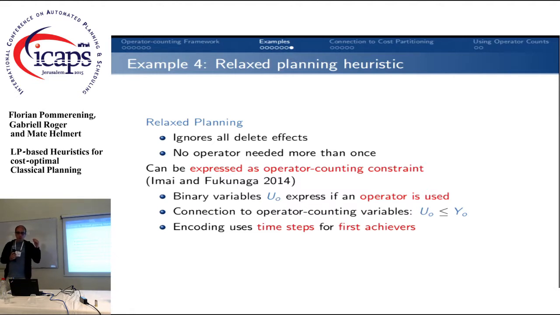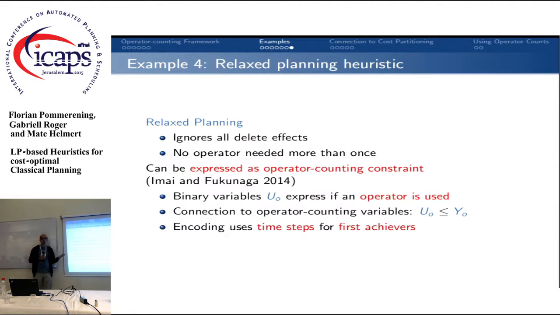And this property means that delete relaxation can actually be expressed as operator counting. And the way this is done is to use binary variables to express whether an operator is part of the solution or not.